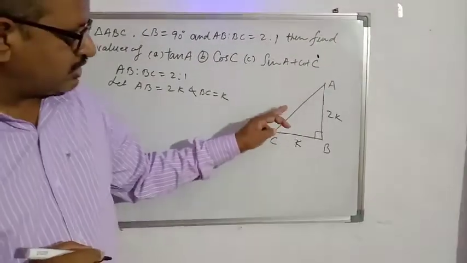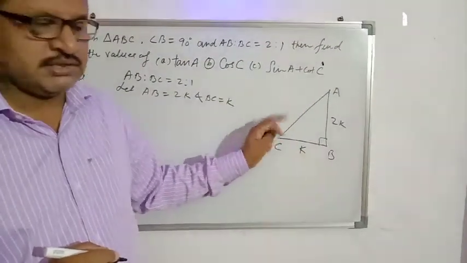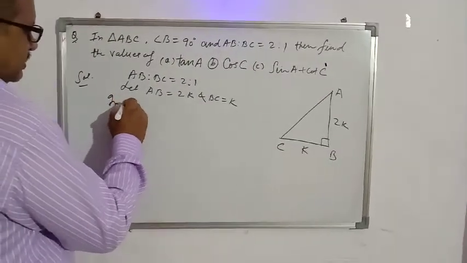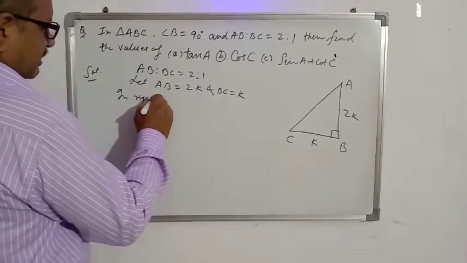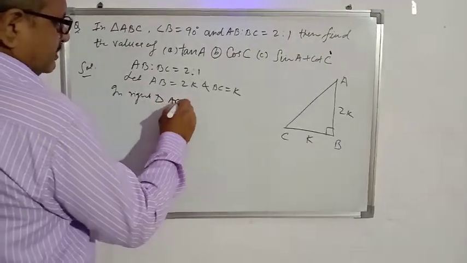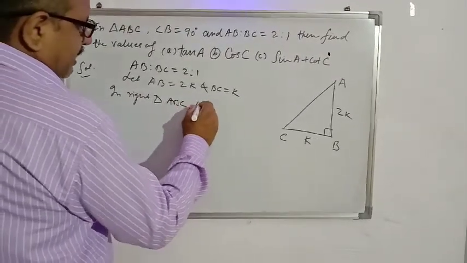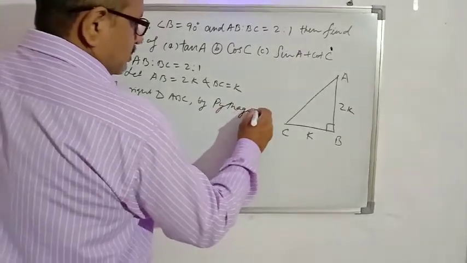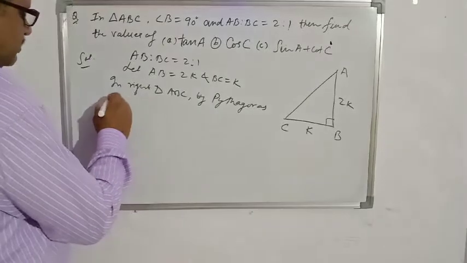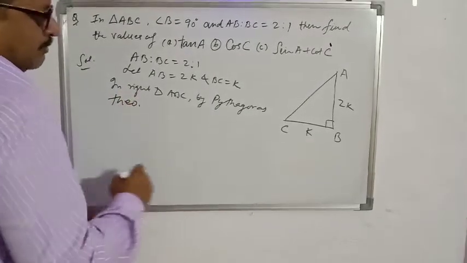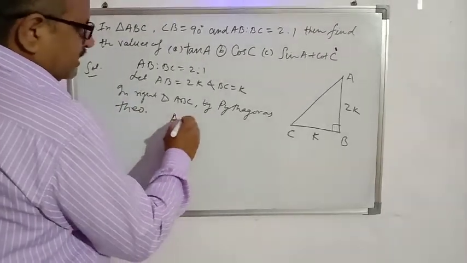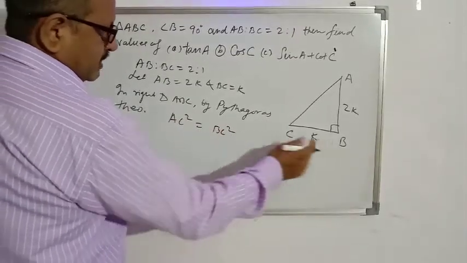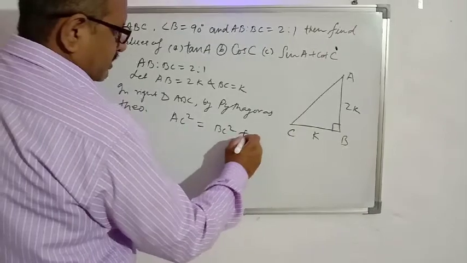Then by Pythagoras theorem, we will find the hypotenuse. In right triangle ABC, by Pythagoras theorem, we can write AC square is equal to BC square plus AB square.